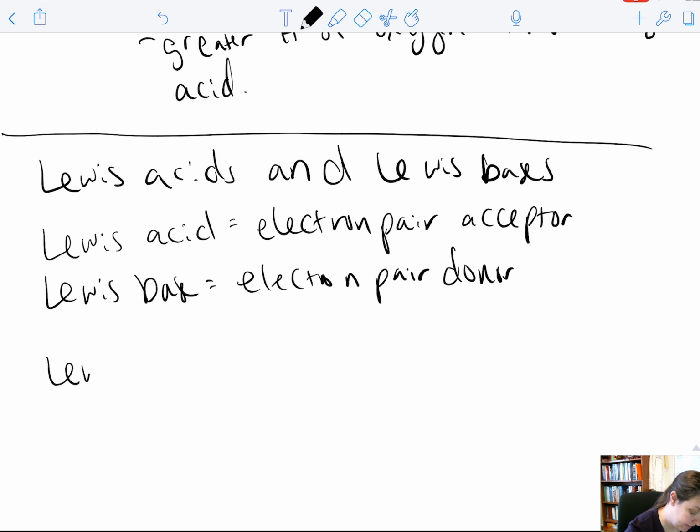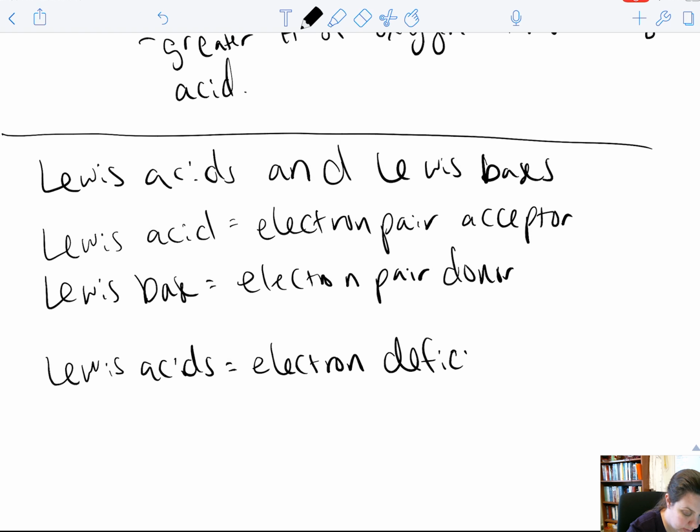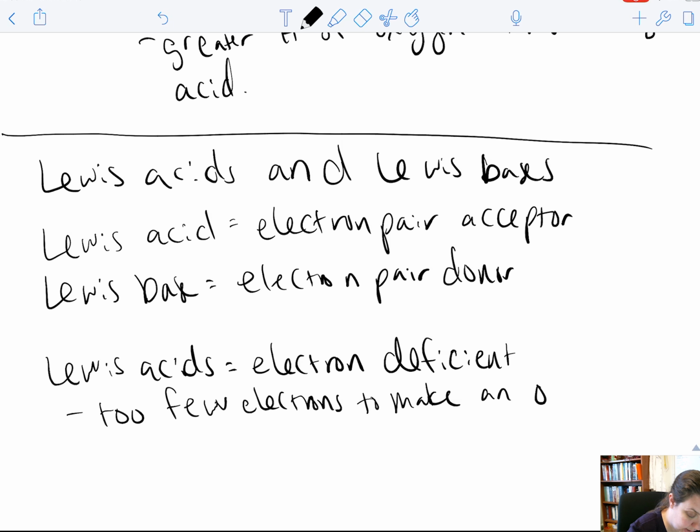So our Lewis acids are going to be electron deficient. So they want electrons. So it's going to be something with too few electrons to make an octet.